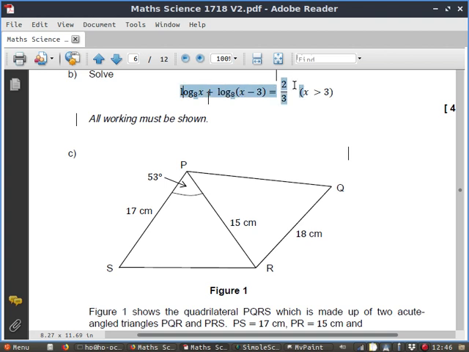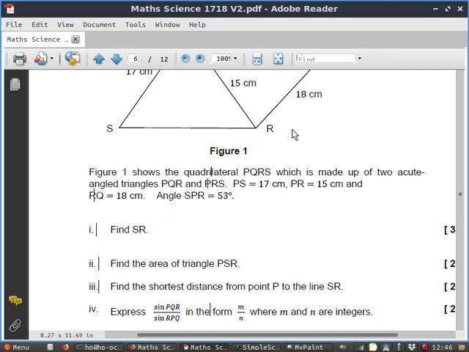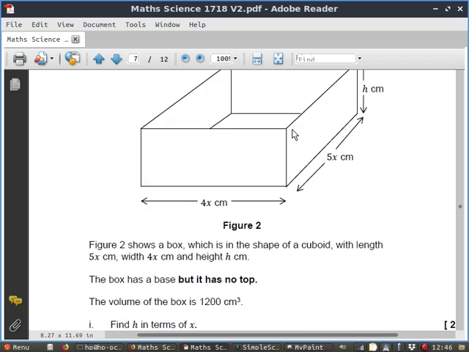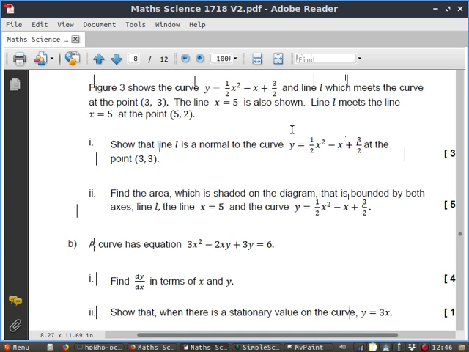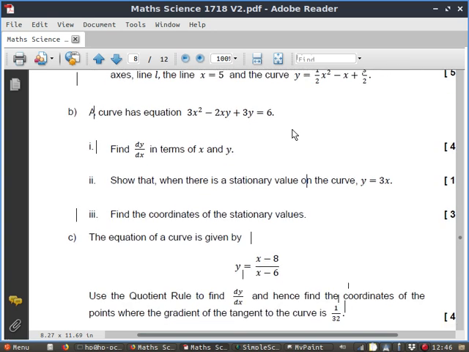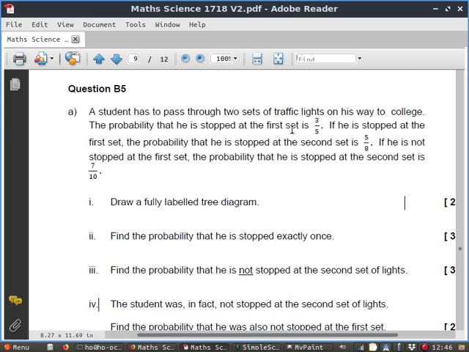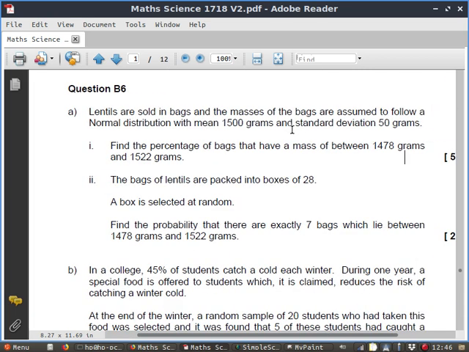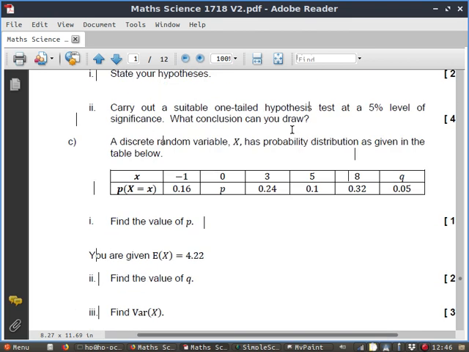I think the log question was very badly answered in the end of semester exam, wasn't it? No, seriously, wasn't it, or was it something else that was even worse? Okay.